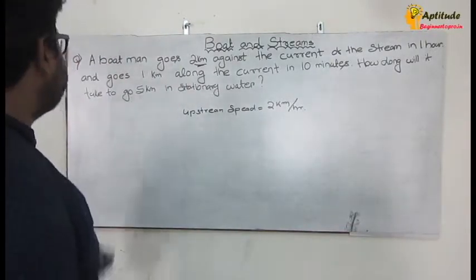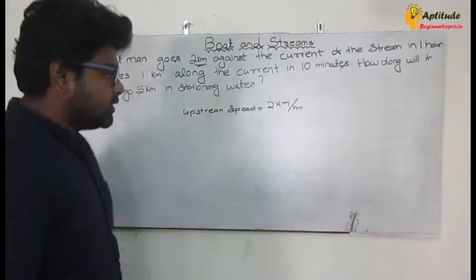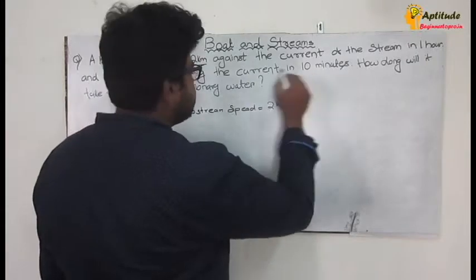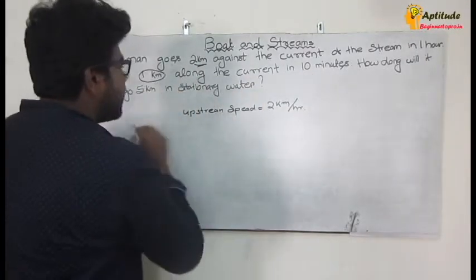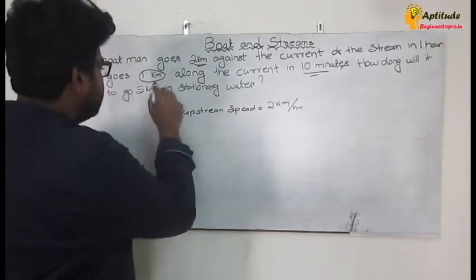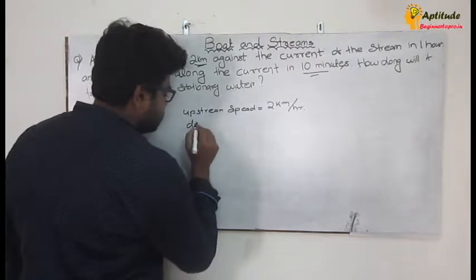And it says it goes 1 kilometer along the current in 10 minutes. So it says about the downstream. It says the boatman goes 1 kilometer in 10 minutes. So in 60 minutes it will go 6 kilometers. So we have our downstream rate.